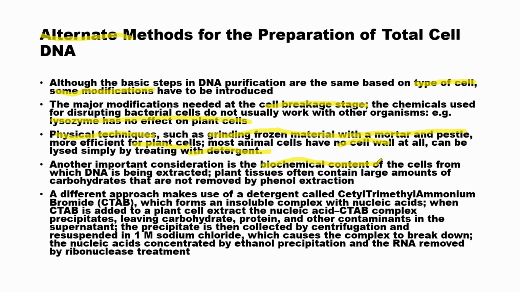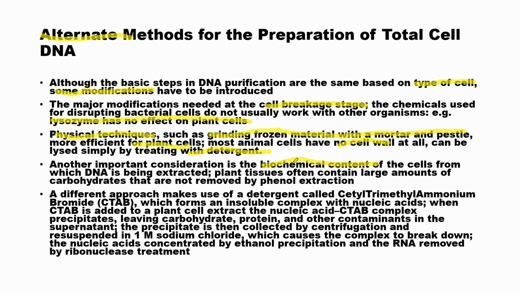What do you mean by biochemical content of the cell? For example, while we were learning bacterial cell lysis, I already explained that once we prepare the bacterial cell lysate or bacterial cell extract, it contains DNA, RNA and proteins. So that is the biochemical content of a bacterial cell.